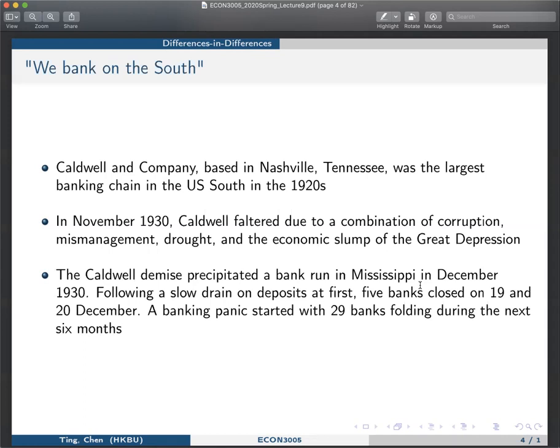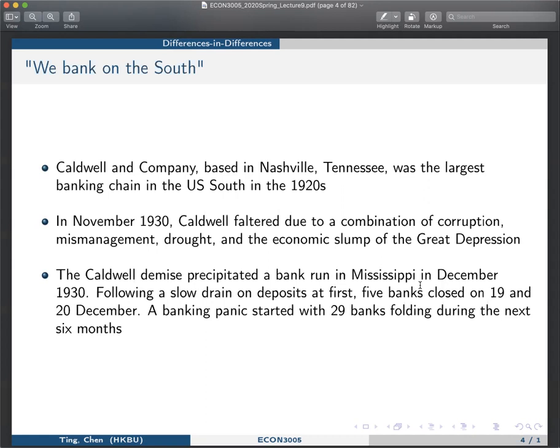But in November 1930, this bank couldn't afford to continue, due to a combination of adverse factors, including corruption of the high executives, mismanagement, and natural disasters like drought, because at that time the majority of the U.S. economy was still agriculture.